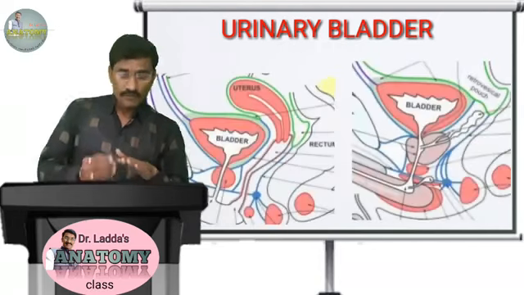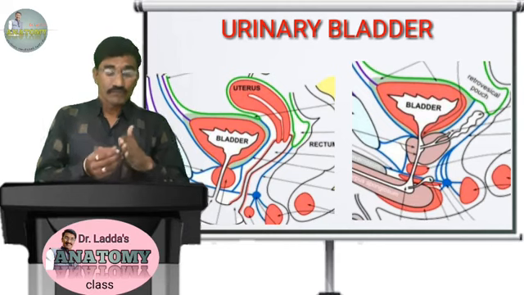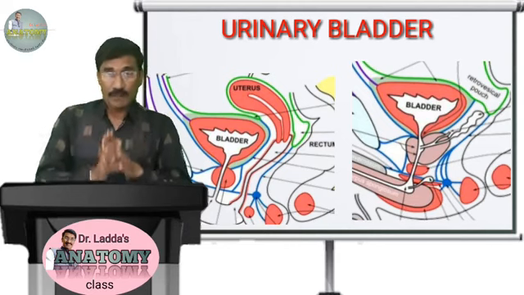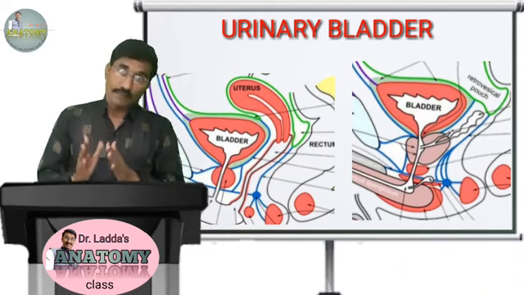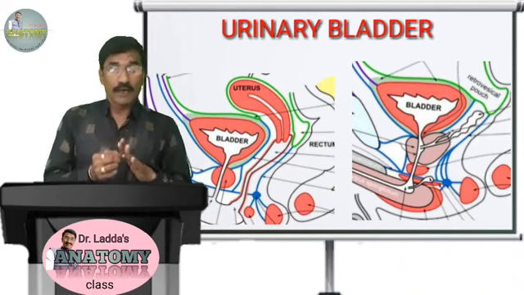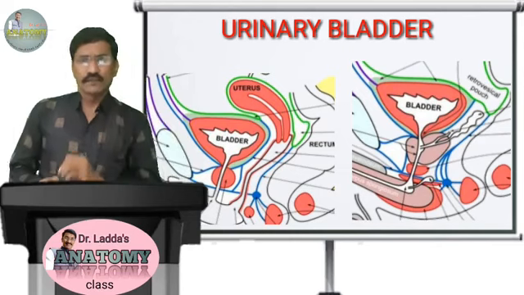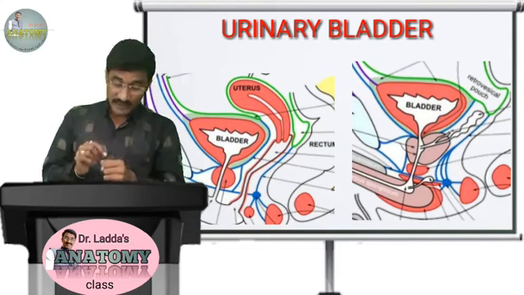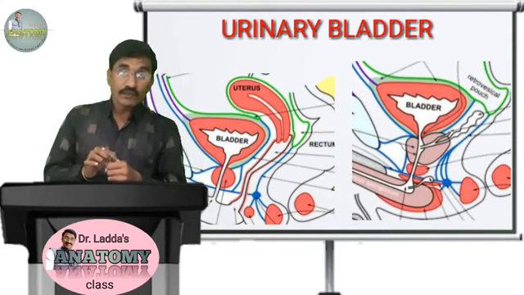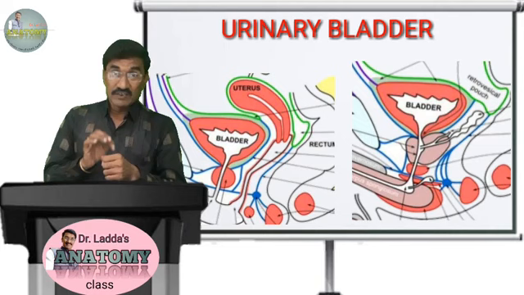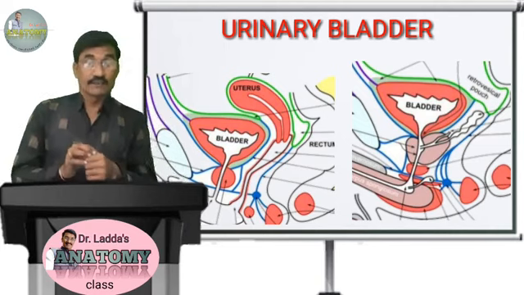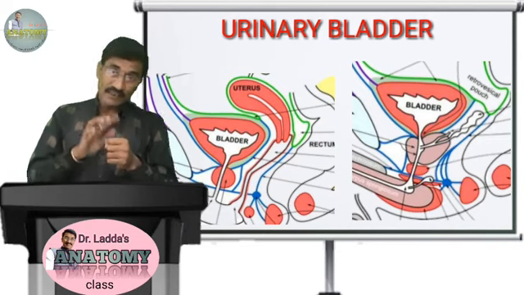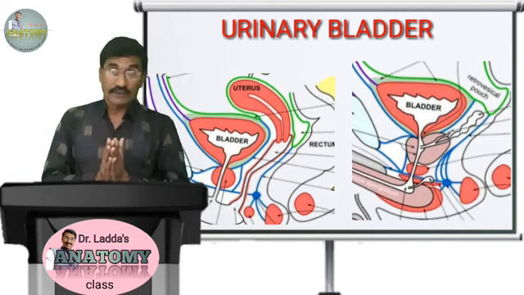Now about the neck. We discussed in the last video that the neck is the most fixed part of the urinary bladder. Whether the bladder is full or empty, it is the most fixed part. And this neck is pierced by the internal urethral orifice, meaning through this neck the urethra comes out, and it has internal and external urethral orifices.